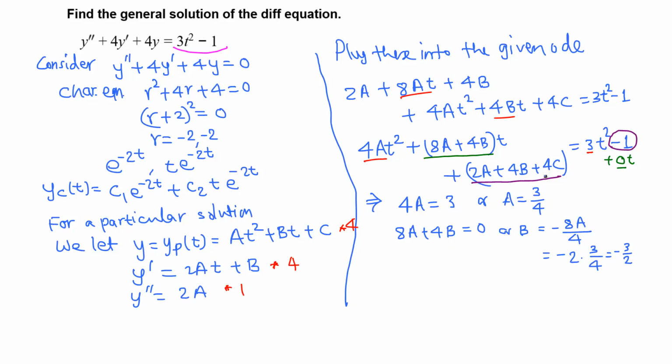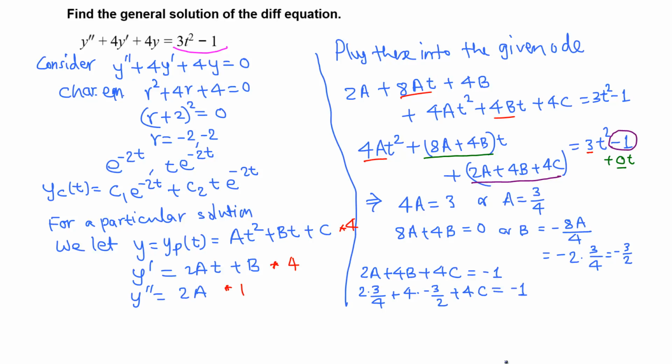And from the constant terms, 2A plus 4B plus 4C equals negative 1. Since we already know the values of A and B, we should be able to find the value of C. Okay, let's plug in here now. 2 times A, which is 3/4, so 2 times 3/4, plus 4 times B, which is negative 3/2, plus 4C equals negative 1.